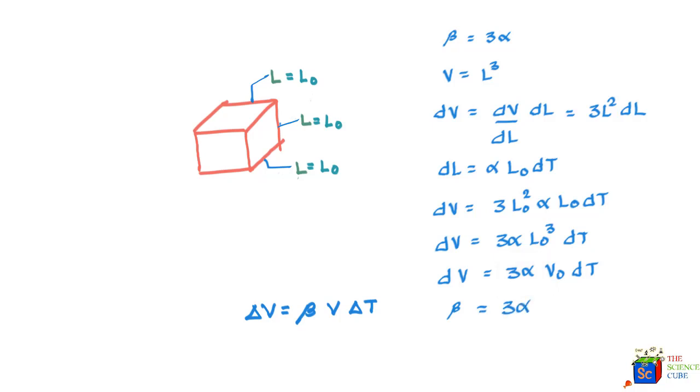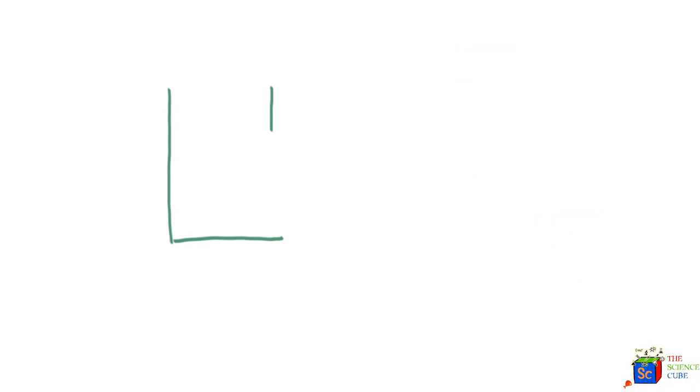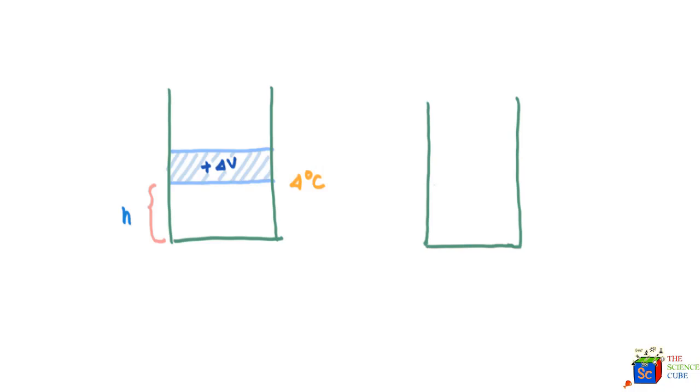So we say, therefore, beta is equal to 3 times alpha. Well, if you consider the most often used liquid, that is water, it behaves a lot differently. So for a temperature above 4 degrees centigrade, water expands as the temperature rises, as we would expect. But between 0 and 4 degrees centigrade, water surprisingly contracts with increasing temperature.